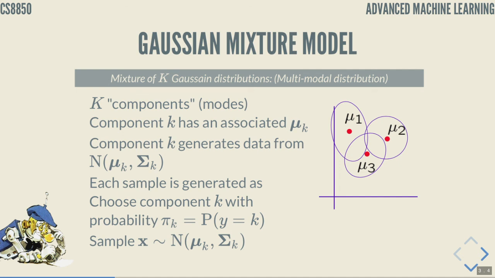For short, they are called GMMs. They're more readily recognized and known by this name, GMMs. GMMs are generative models, and here I'm describing a process of generating a sample from this model.